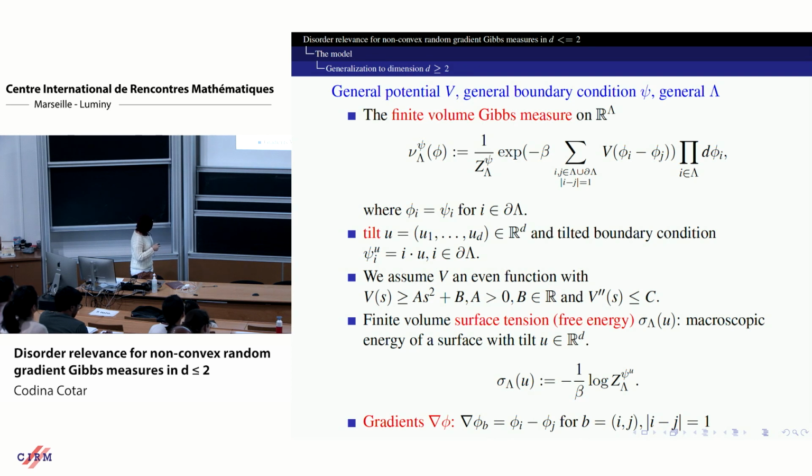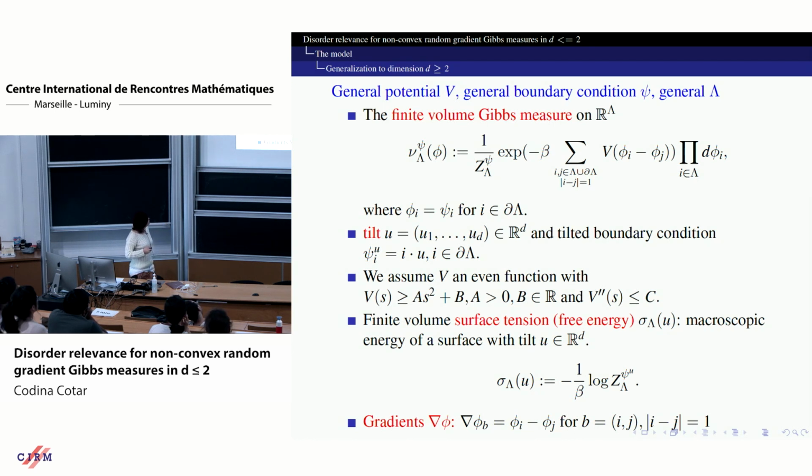I'm going to fix this on the boundary instead of just fixing the zero boundary condition. And this, as I said, will be a very useful boundary condition when it comes to characterizing my system when I push the volume to infinity.